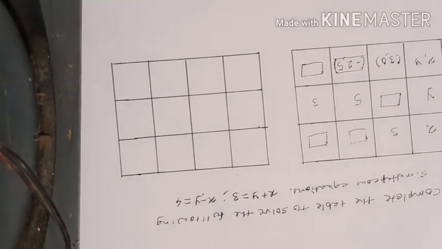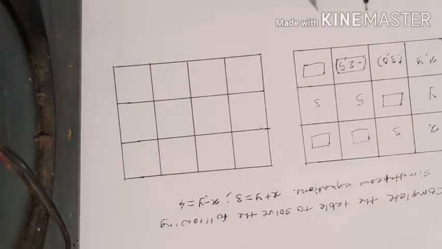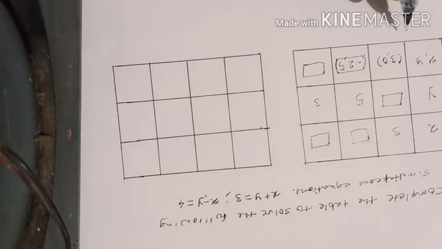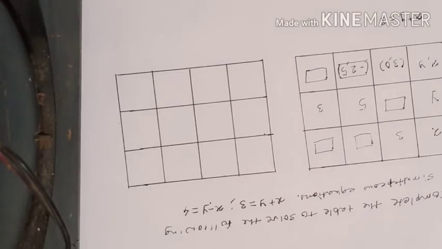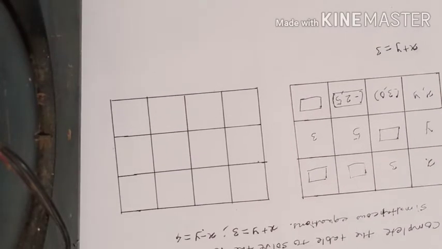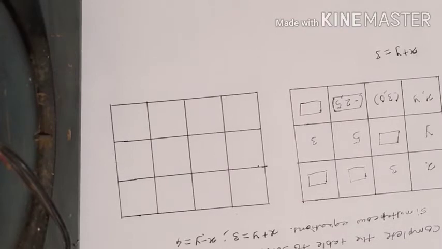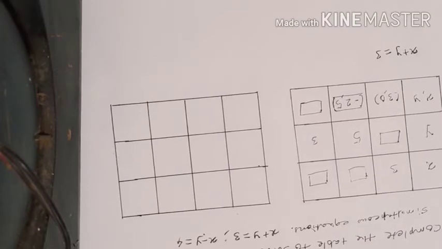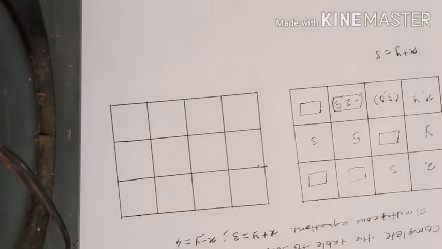Now we'll see, boys, the first equation is x plus y is equal to 3. In the box we are given that the value of x is 3, and we have to calculate the value of y. We will put the value of x in the equation. The value of x is 3 here.